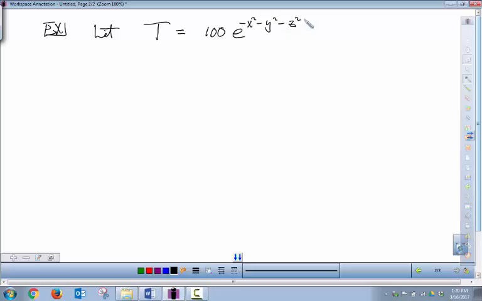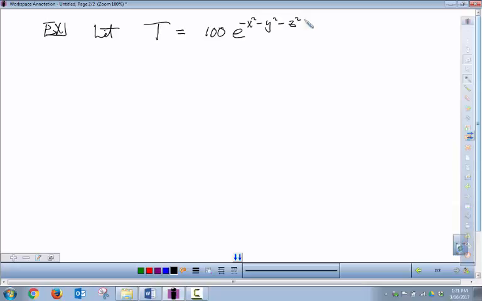I hope that's not too hard. We can take the derivative of this pretty easily, right? Okay. All right. So let's say this is our function.